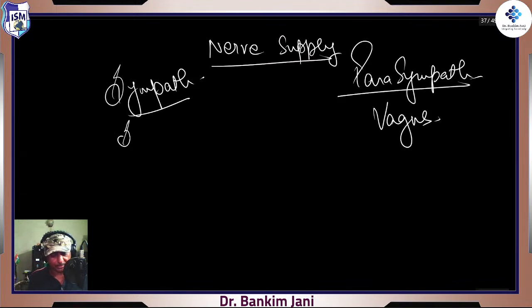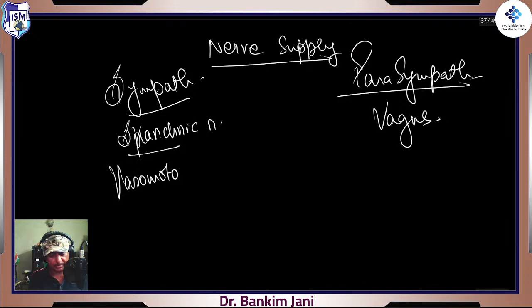And over here, these are all splanchnic nerves. What will they do? They'll say there is no need to work right now, so vasomotor, and peristalsis, all those movements, just inhibit everything. There is no need. No secretions.